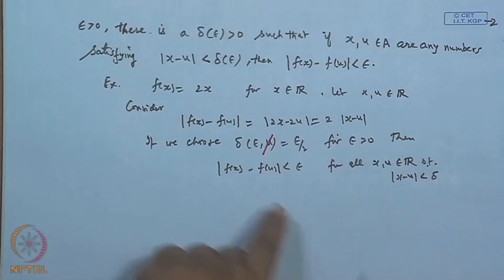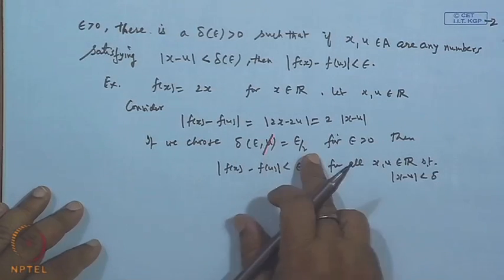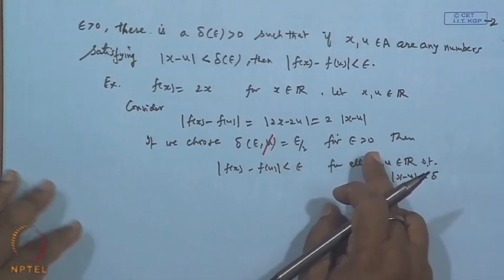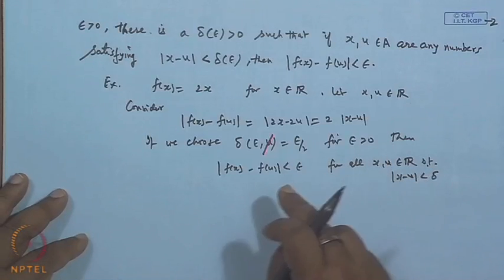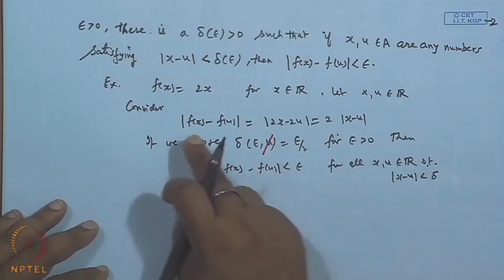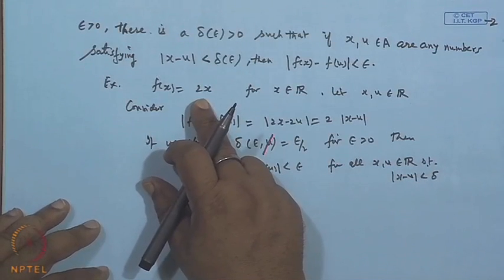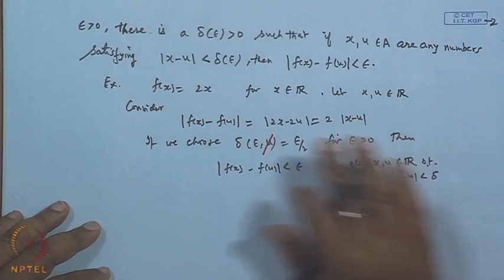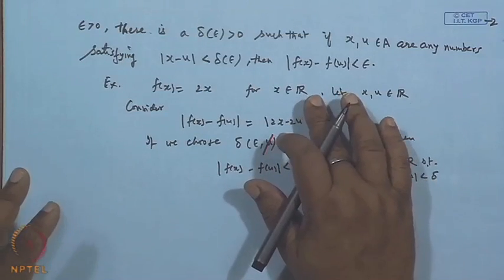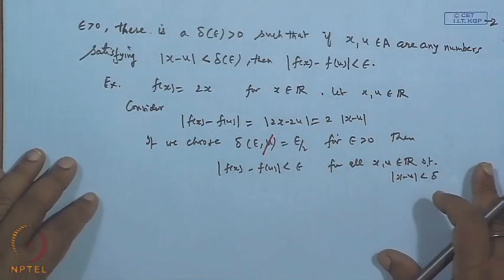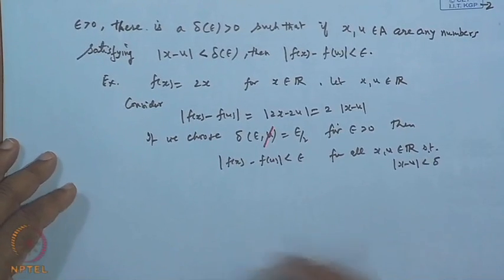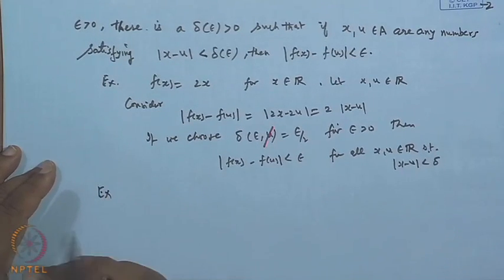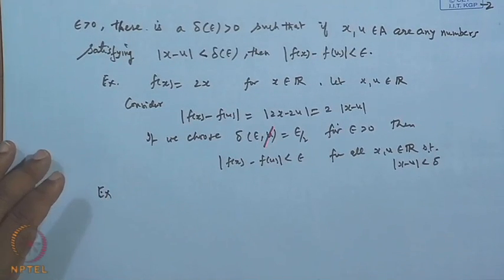Is it okay? And this is independent of u, a positive quantity delta. So, for the function f(x) = 2a, we can say it is uniformly continuous over the entire real line. However, there are functions which are only continuous, but not uniformly.